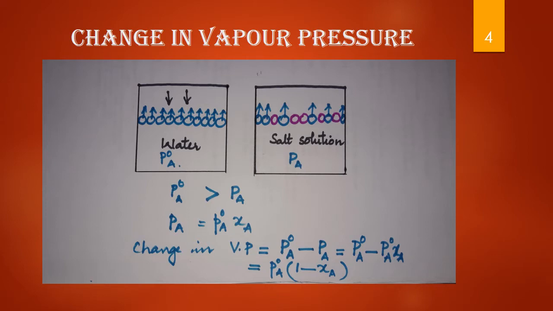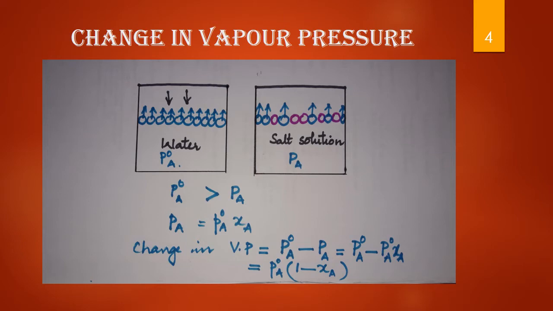Now, when salt is added to water, you find that salt particles also occupy the surface. As a result, the amount of vapors that are produced will be lesser above the solution. As a result, you find that the vapor pressure will be considerably reduced. So, you find that P0A is always greater than PA.